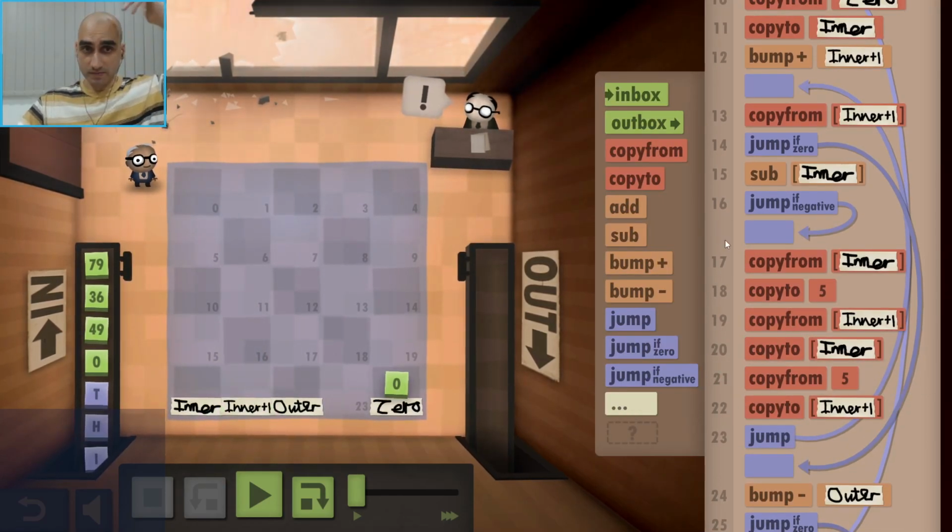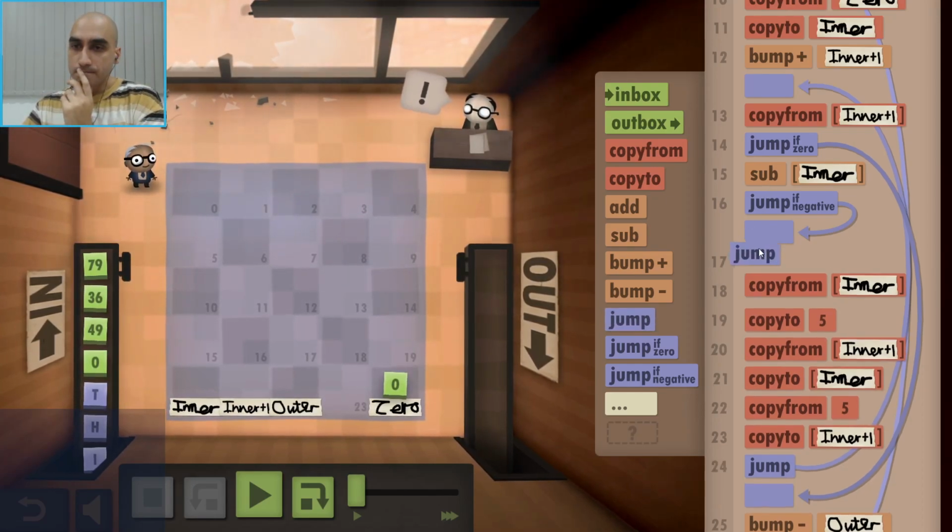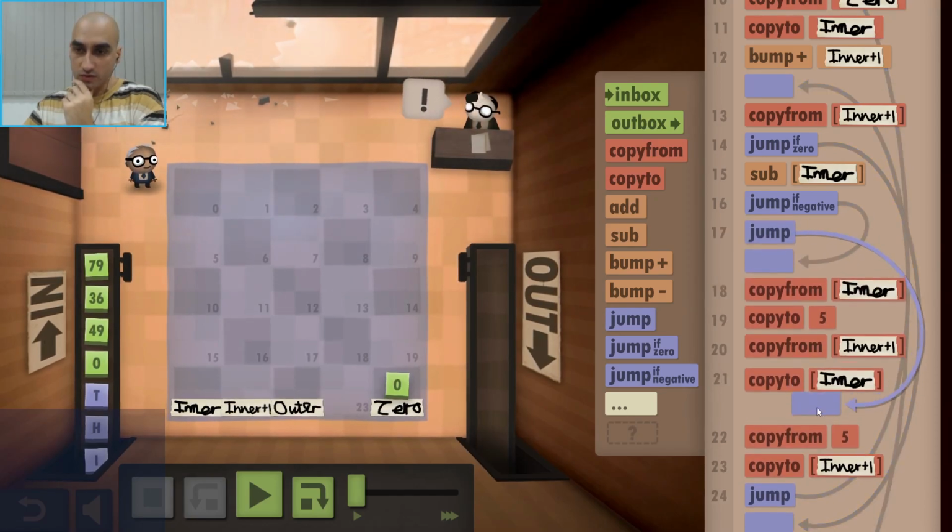Okay, so that swaps the two. And if it wasn't negative, then we don't do any of that.